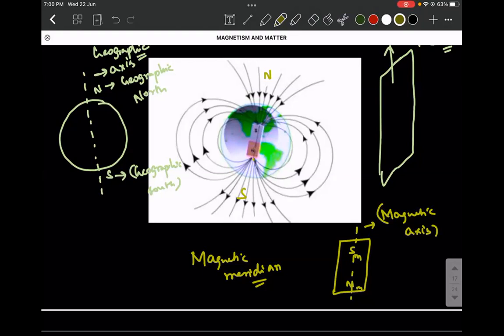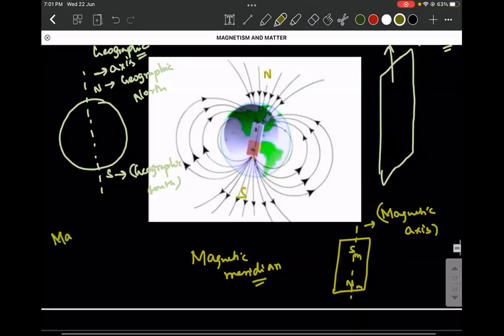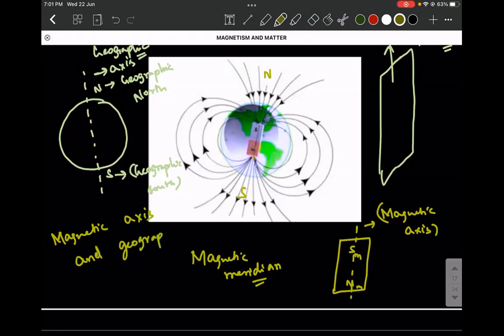The important point that you need to note here is the magnetic axis and geographic axis do not coincide. They do not coincide always.